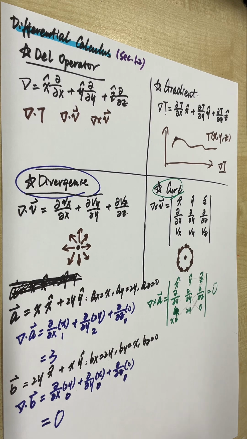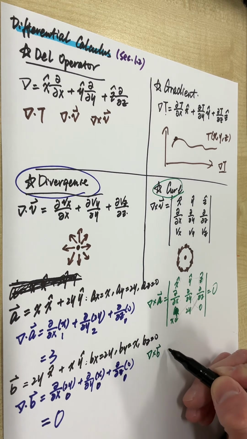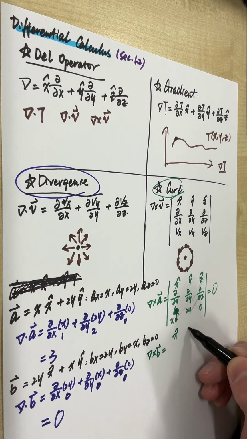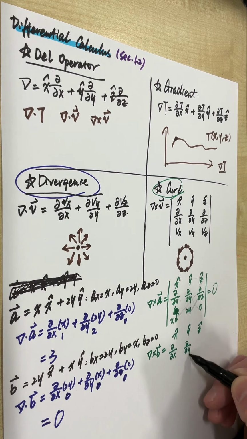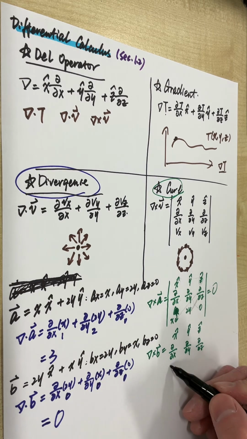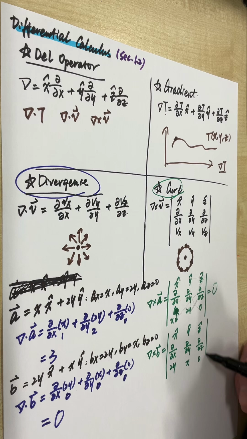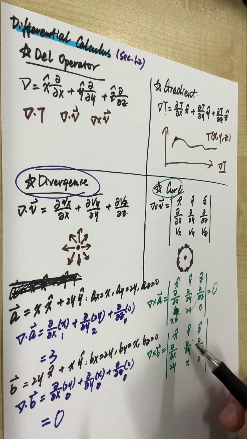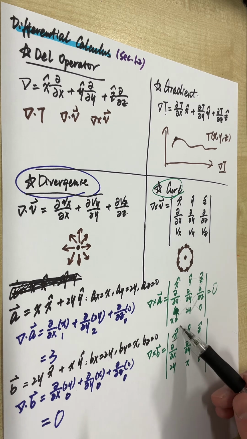What about curl? We have the curl of B: x, y, z, d/dx, d/dy, d/dz, and then Bx equals 2y, By equals x, Bz equals 0. So in the x direction, this is 0. y is not a function of z, so that would give us 0.